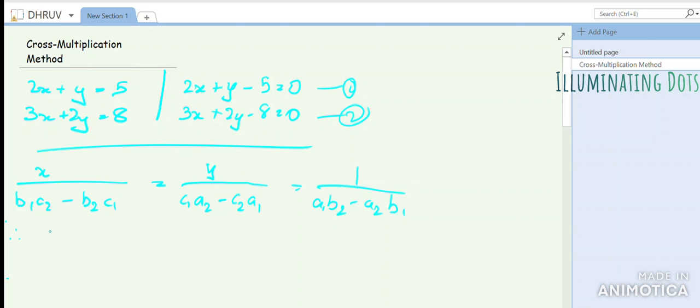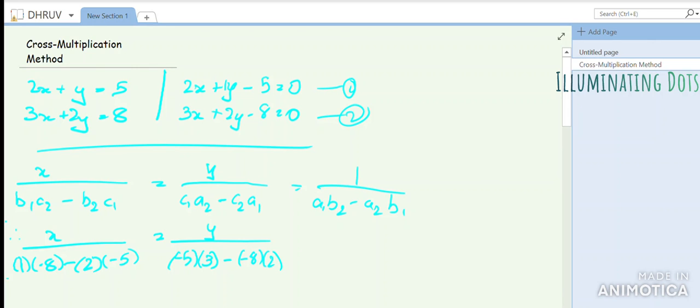So x upon b1 c2. Here b1 is 1 and c2 is minus 8, so 1 into minus 8, minus b2 is 2 and c1 is minus 5, is equal to y upon c1 a2, where c1 is minus 5 and a2 is 3, minus c2 a1, where c2 is minus 8 and a1 is 2.